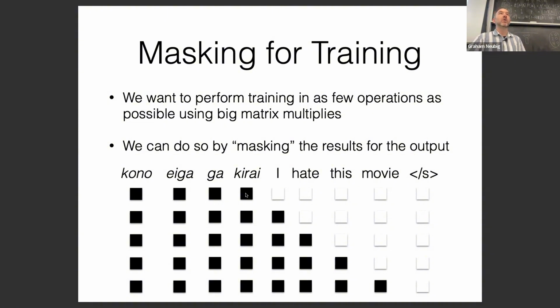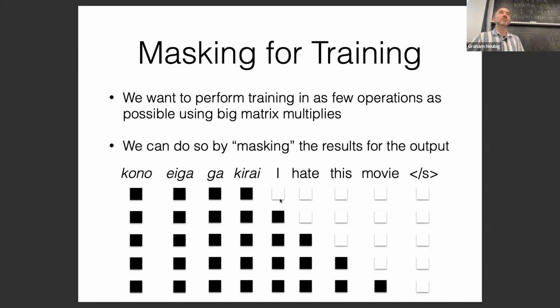When we predict the first word in the output, we want to be attending to all of the words in the input. When we predict the second word, we want to be attending to all of the words in the input and the previous word, et cetera. And so what we can do is essentially mask the attention values of all of the words that we shouldn't be using when we make a prediction.